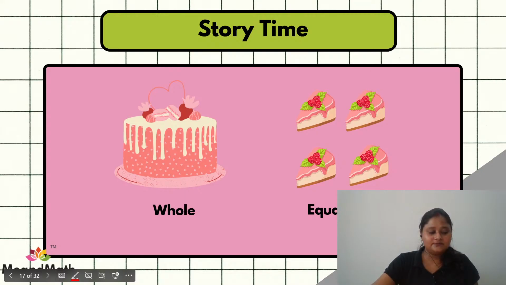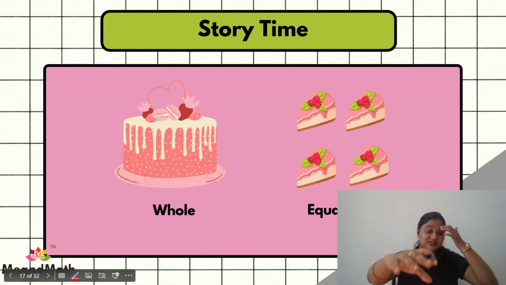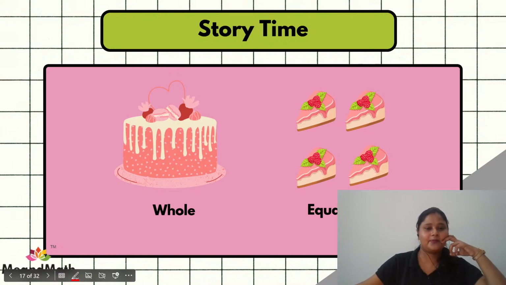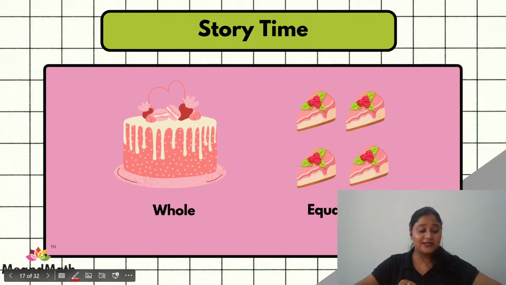Now, what you can see over here, leaving the pizza aside, we come to what is this picture. Can you name it? What you can see on the screen? Yes, it's a cake.